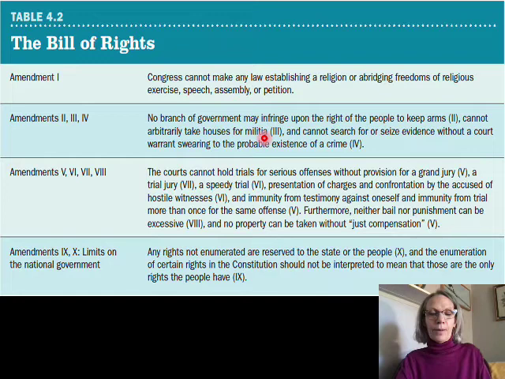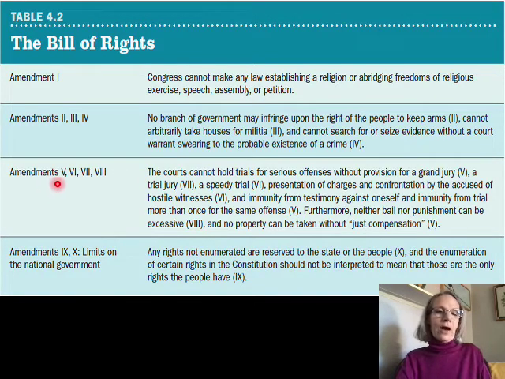Amendment 3 says they can't quarter soldiers in your home for the purposes of fighting a war. Amendment 4 says government cannot search your domicile, your private places and private things, without probable cause. Those amendments tell both Congress and the executive branch that they can't do these things.